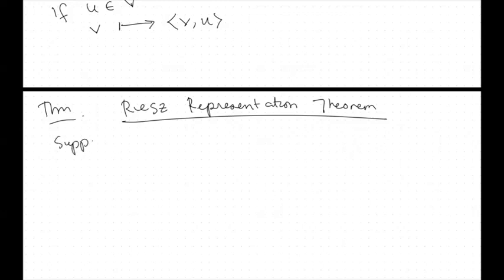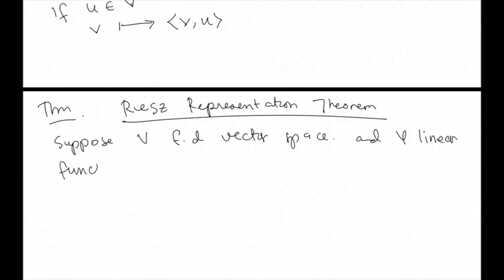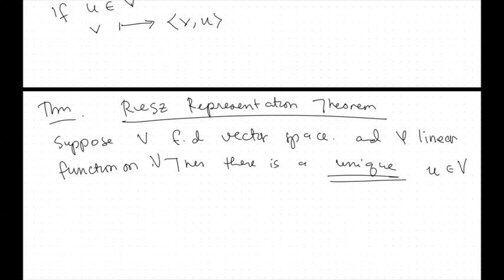Suppose that V is a finite dimensional vector space, and we have a linear functional on V. Then there is a unique U, of course U is in V, such that the linear functional evaluated at V is equal to the inner product of V with U for every V in the vector space.